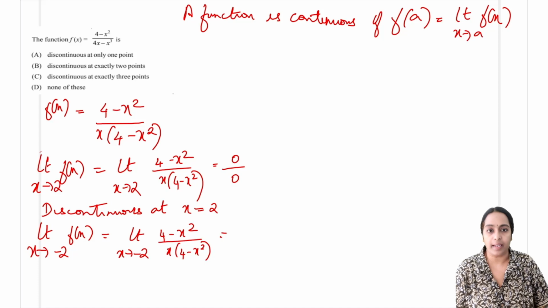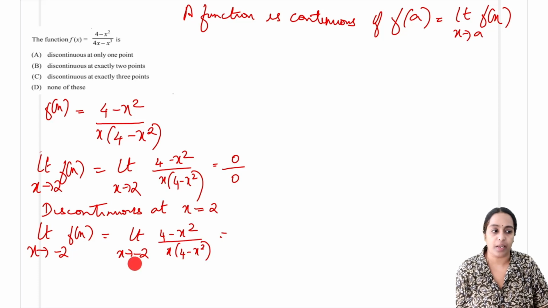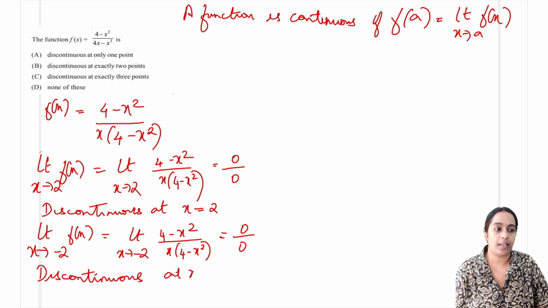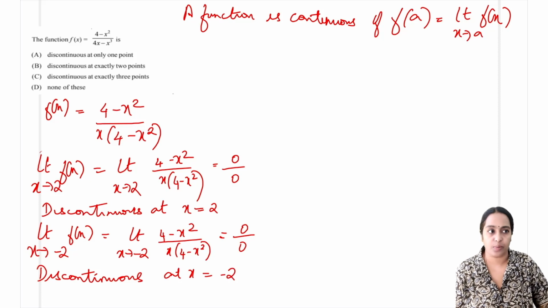So here again, when I substitute x value to be minus 2, here it is x square. So minus 2 square is again 4. So numerator 4 minus 4 will be 0. Denominator also 0. Again I get the indeterminate form. So the function is discontinuous at x is equal to minus 2.